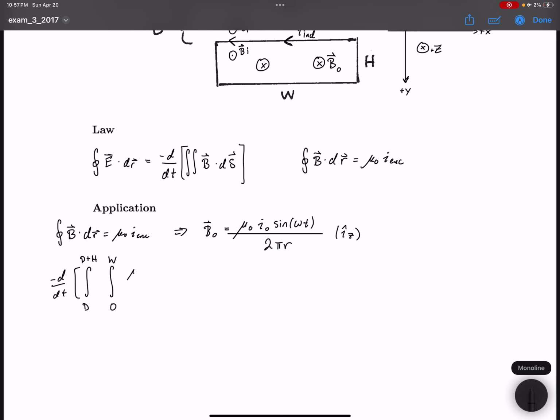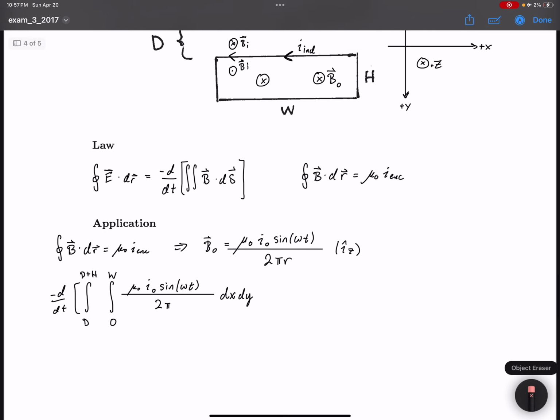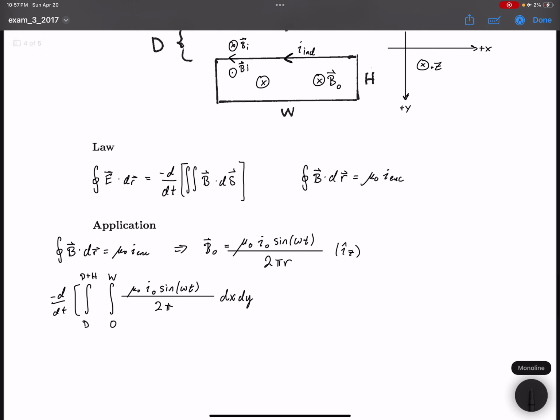And we're going to be integrating mu naught I naught sine of omega t over 2 pi r dx dy. Oh, and by the way, it wouldn't be in terms of r, it would be in terms of y. There we go. Perfect.